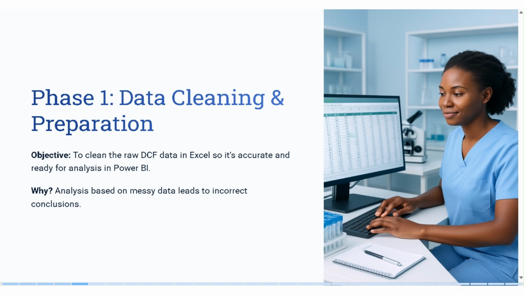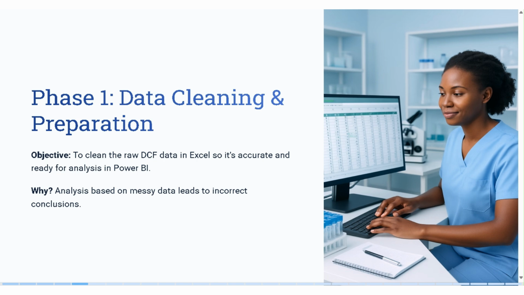This course is divided into different phases. The first phase, we will be doing data cleaning and data preparation. Phase one is all about laying a solid foundation. Before we can even think about drawing meaningful conclusions, we need to ensure our data is clean, accurate, and consistently formatted.